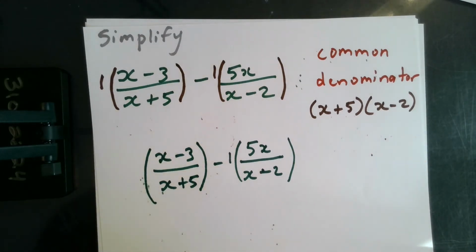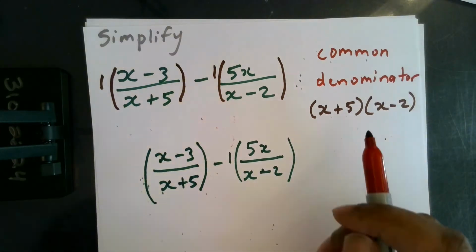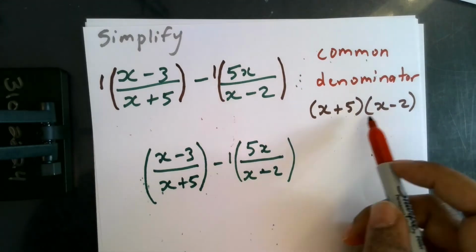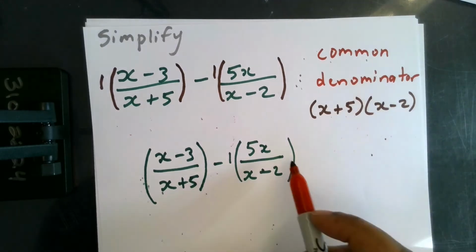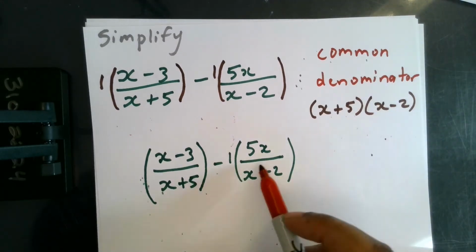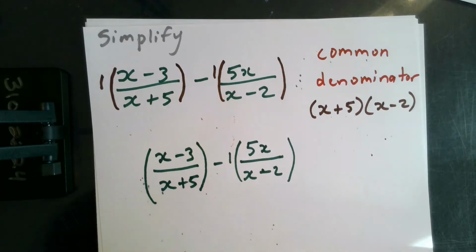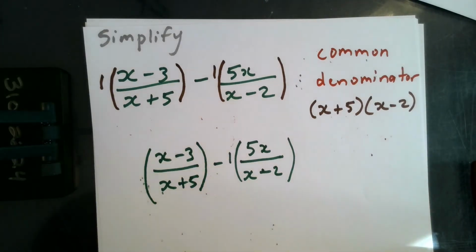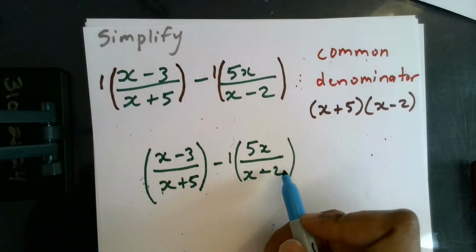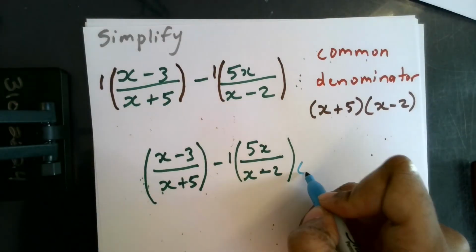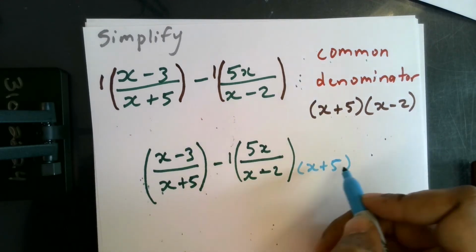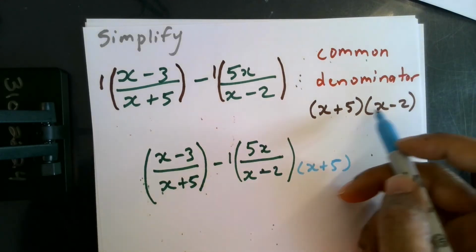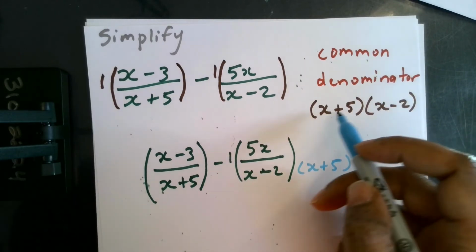So notice my common denominator has x plus 5 times x take away 2. I only see x take away 2. So I need to write x times 5 so that my denominator resembles my common denominator, resembles this expression here.